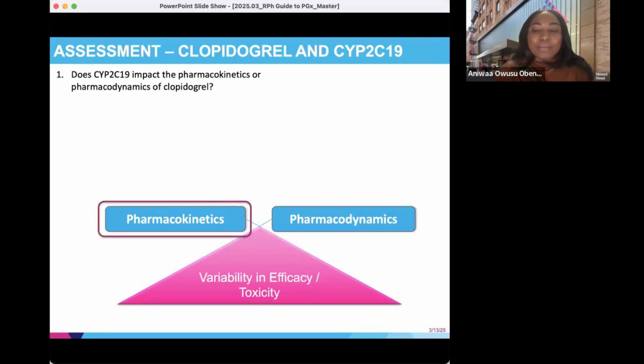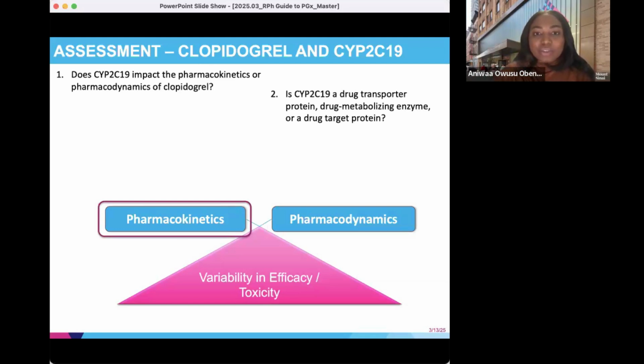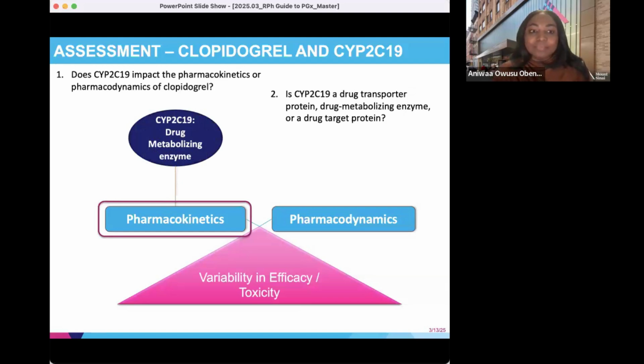It affects the pharmacokinetics because it's the bioactivation process, the metabolism of clopidogrel into its active form, that it impacts. Now the second question: is CYP2C19 a drug transporter protein, a drug metabolizing enzyme, or a drug target protein? If you said drug metabolizing enzyme, you'd be correct.